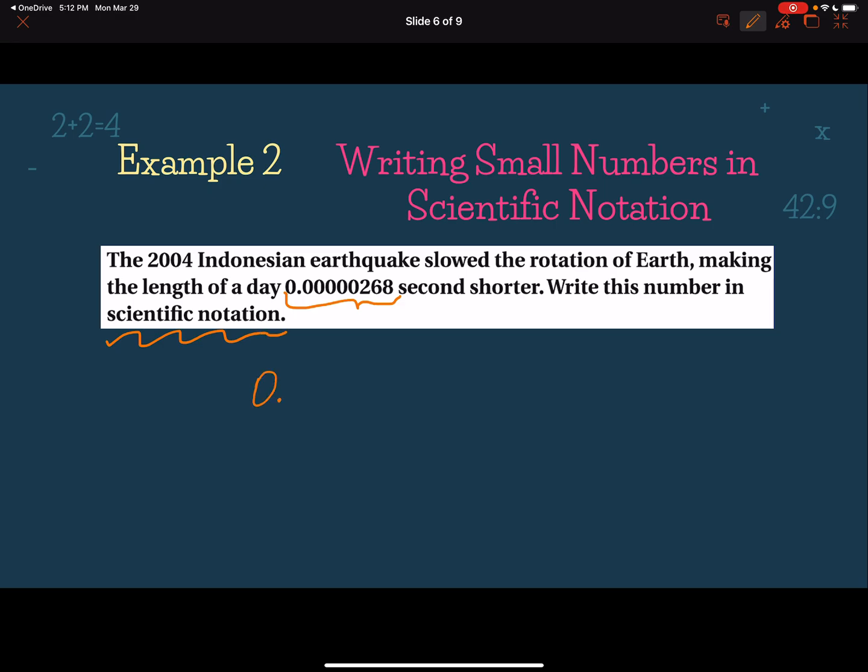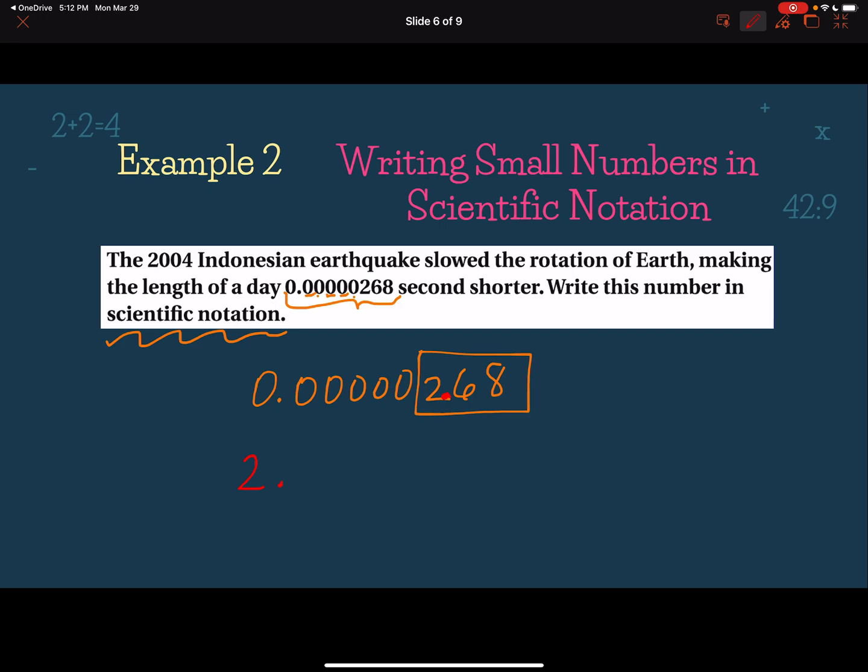So I am going to count 1, 2, 3, 4, 5. So I have 5 zeros after the decimal, and then 2, 6, 8. So I'm going to take just the non-zero digits, and I'm going to think about the placement for my decimal, where it would need to be located in order to be greater than or equal to 1 but less than 10.